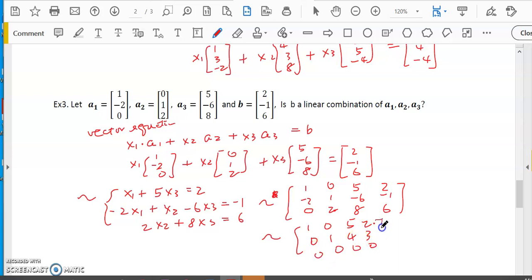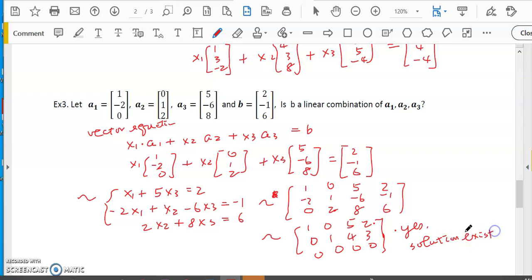I don't have any row of zeros equal to a nonzero number, so a solution exists. The system is consistent. So, is B a linear combination of A1, A2, A3? Yes, it is a linear combination because a solution exists; it's consistent.